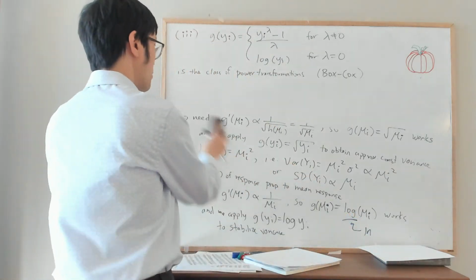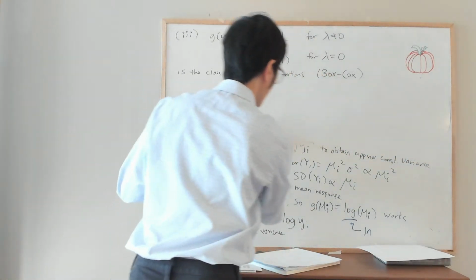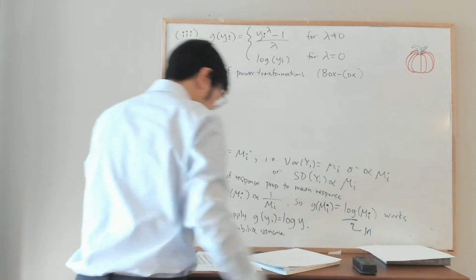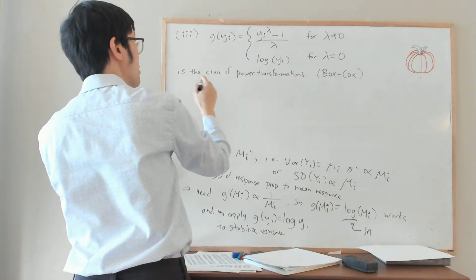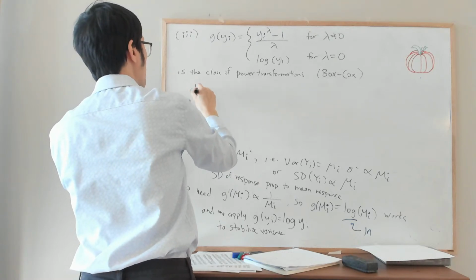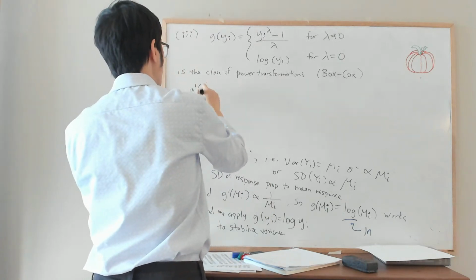But let me first explain why that works. What is g prime of mu i in this case?